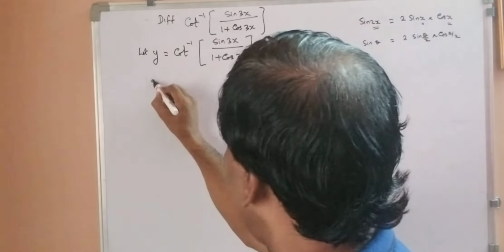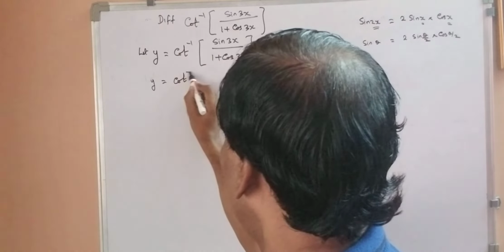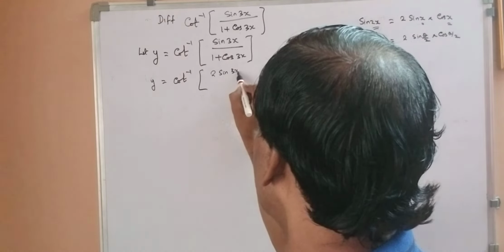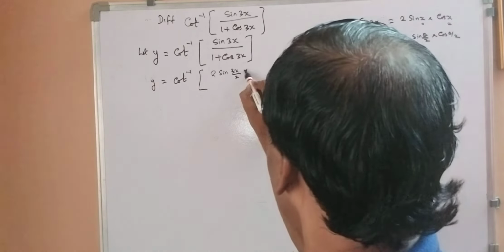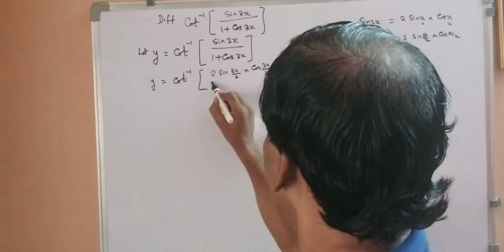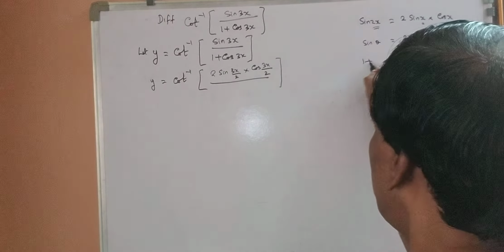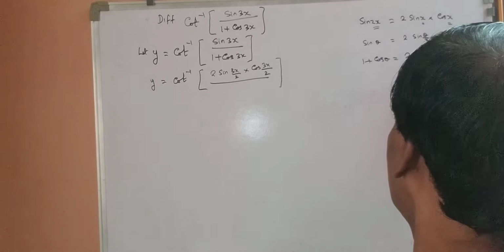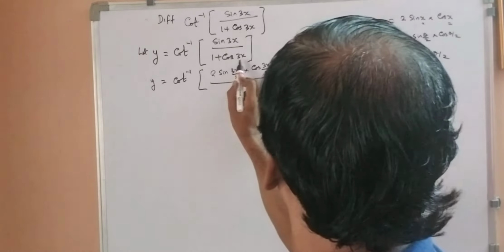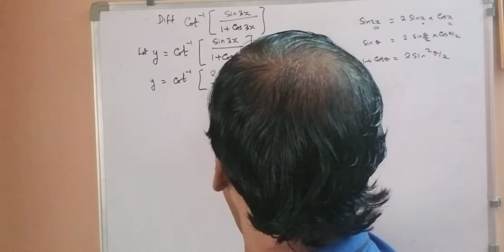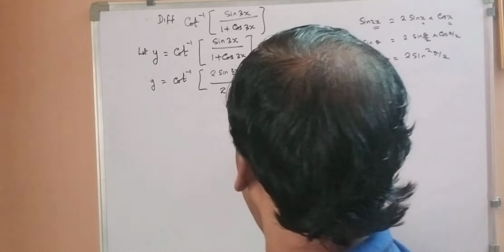Now here I will write cot inverse of 2 sin 3x by 2 into cos 3x by 2 upon, what is 1 plus cos theta? 1 plus cos theta equal to 2 cos square theta by 2. So this is here 2 cos square 3x by 2.